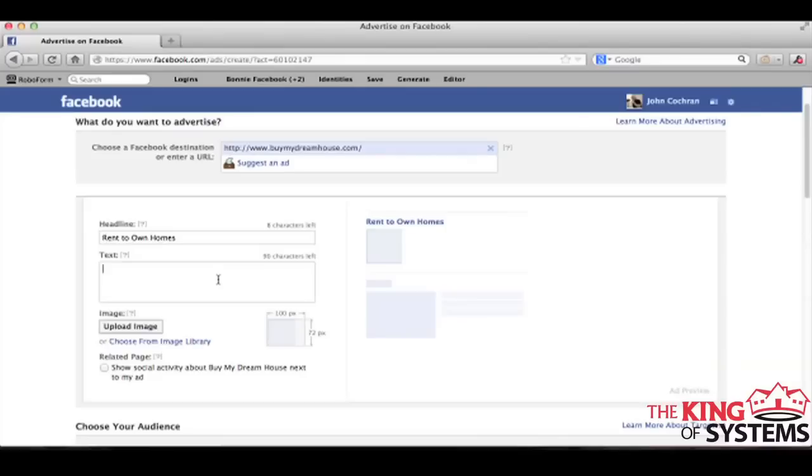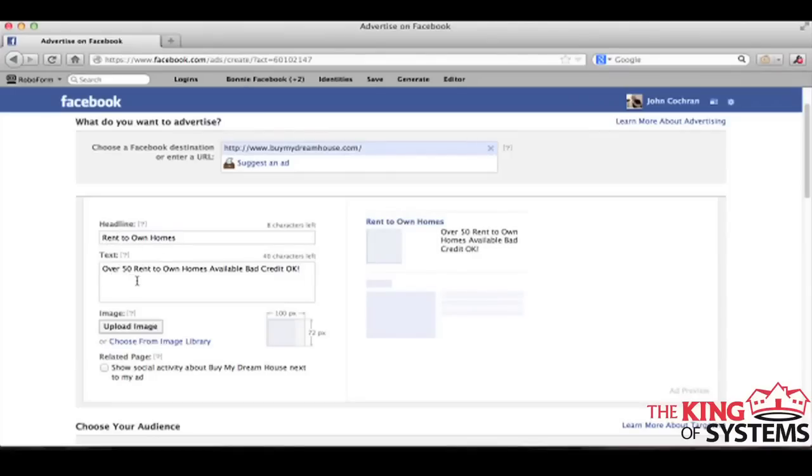And again, you're going to have to test this stuff to see what in the world is going to start pulling best. So maybe do over 50 rent to own homes, bad credit, okay. So what you would do is type in your headline, rent-to-own homes.